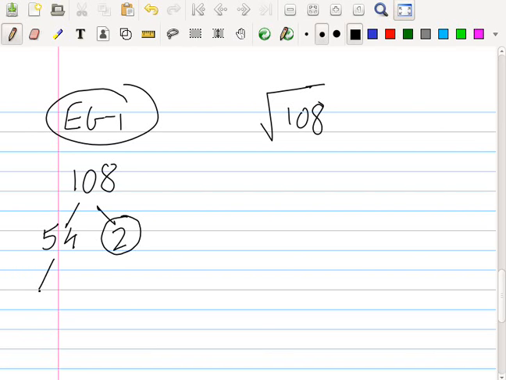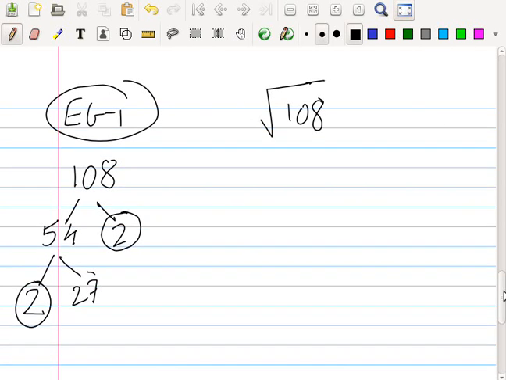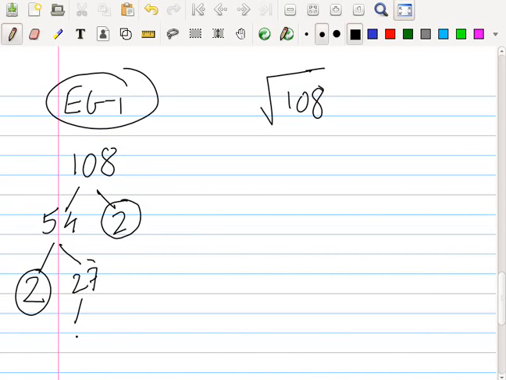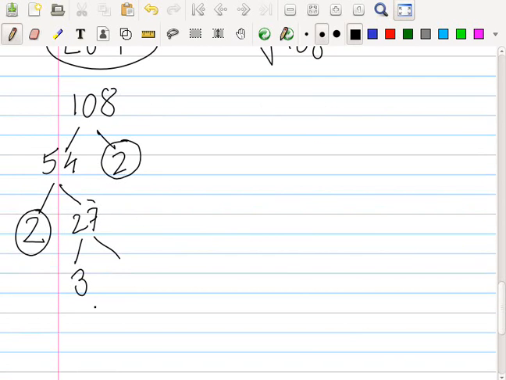The 54, again, that could be, for example, 2 and 27. I'm finished with the 2. The 27 could be 3 and 9. And the 9 could be 3 and 3.